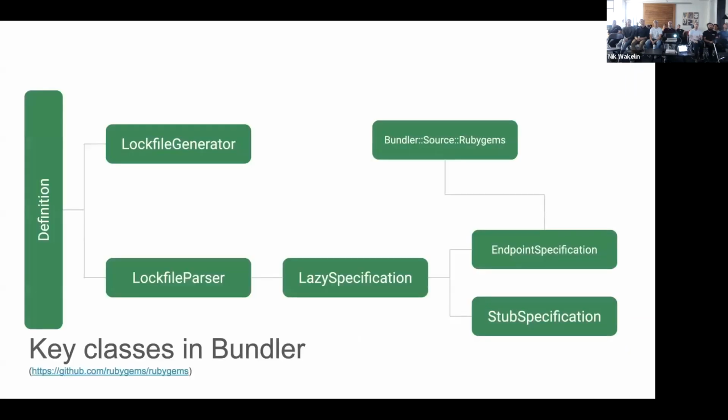So there's a few Bundler source things, right? So the Bundler source RubyGems as well, there's Bundler source path, Bundler source Git. I don't know where artifact is set. So yeah, it might be. So it wouldn't have that special checksum.